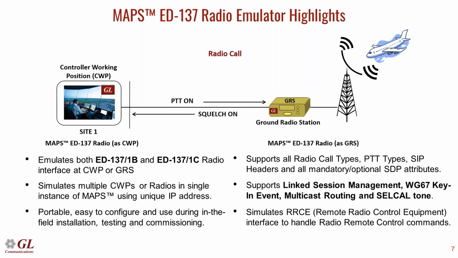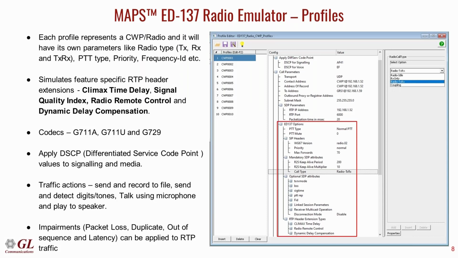Apart from that, we can even simulate a remote radio controller equipment to handle the radio remote control commands coming from the device under test. We can also simulate the RRC commands if we are acting as a CWP or a VCS.